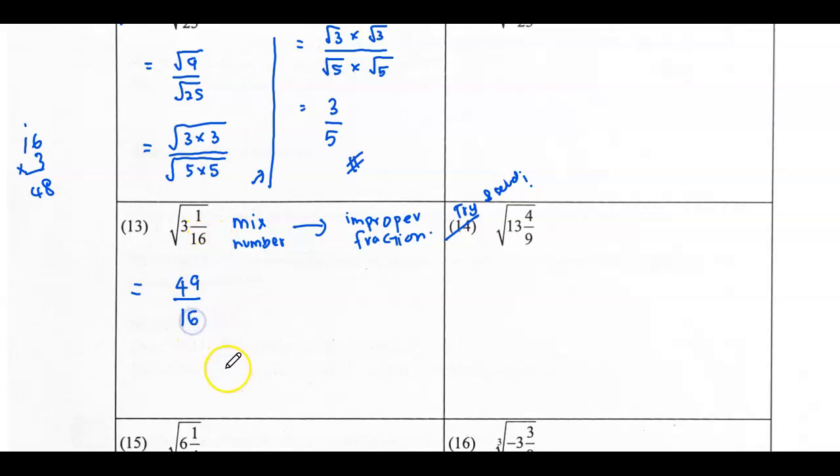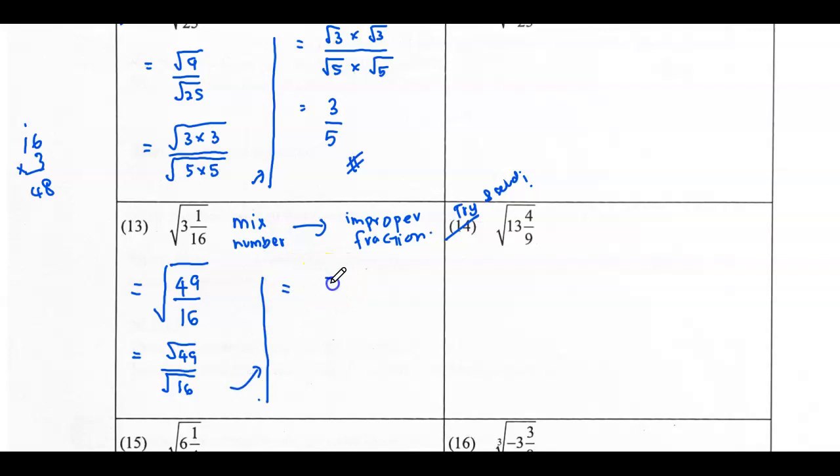Write them down back here and then write down the square root. So this is actually the question you are looking at. Square root of 49, as I mentioned before, means square root of 49 over square root of 16 respectively. Now I'm going to drag this here.